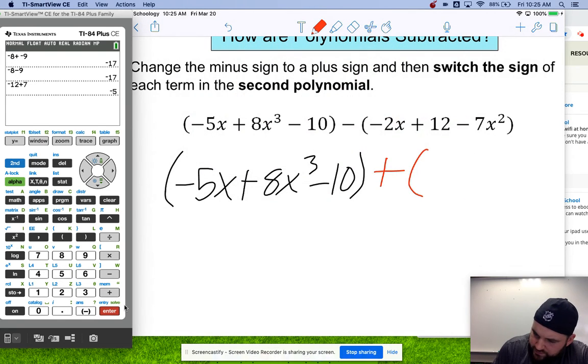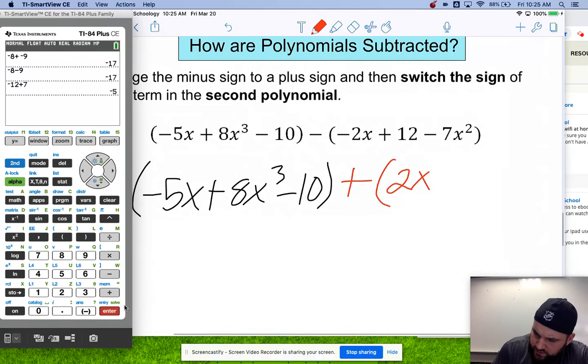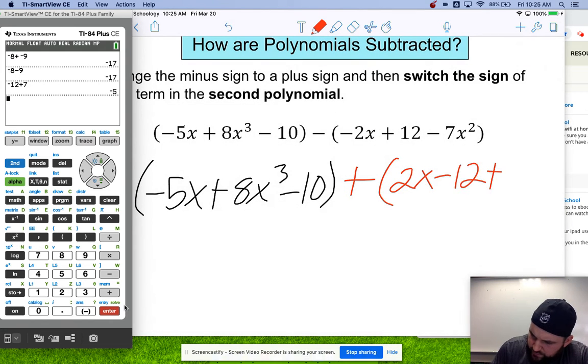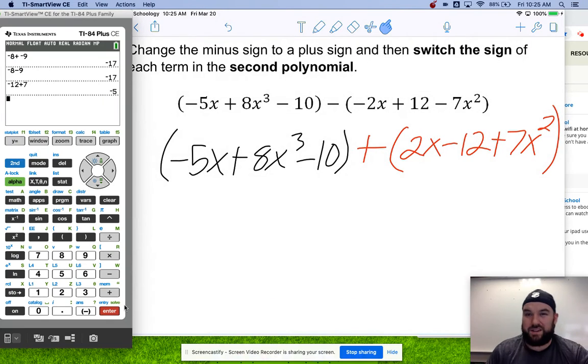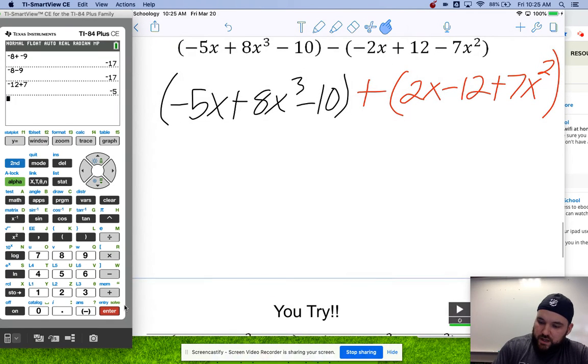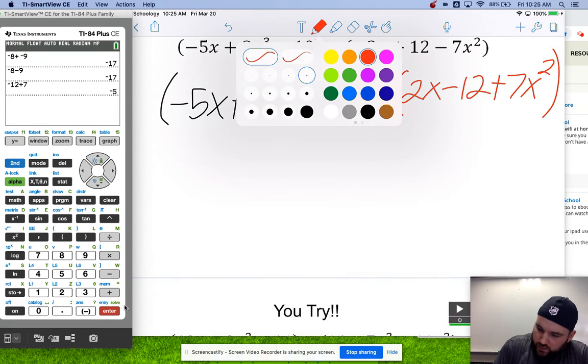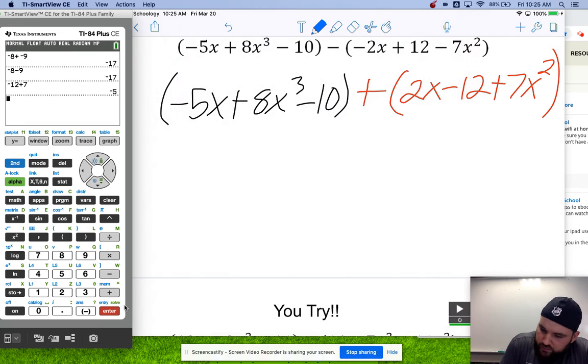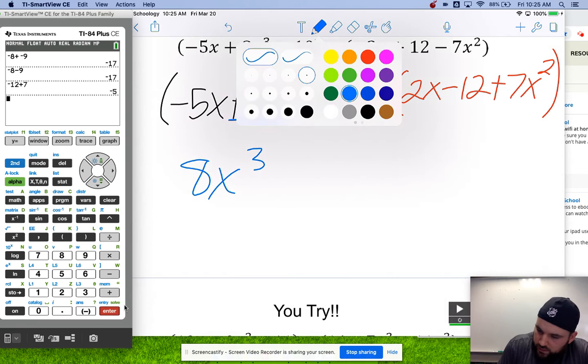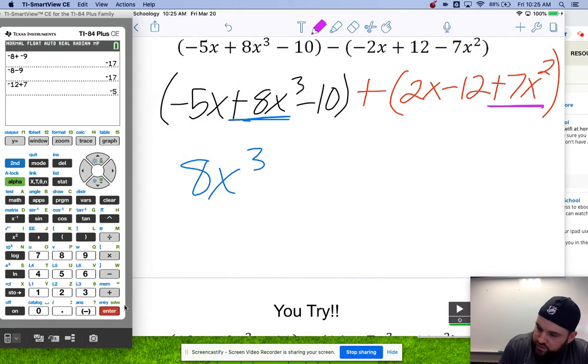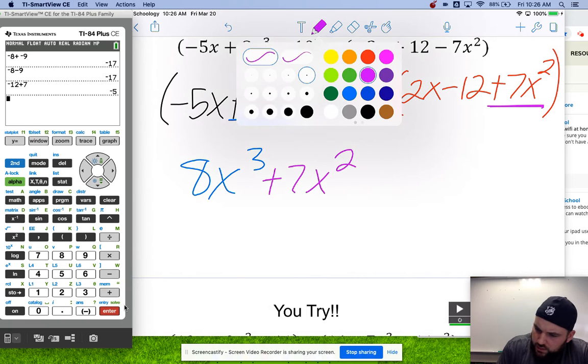And then instead of negative 2x, I have positive 2x, minus 12, and plus 7x squared. Again, keeping standard form in mind, I'm going to go ahead and just identify my highest power is power 3. That's the only term like it. Next is power 2, so it's also by itself.